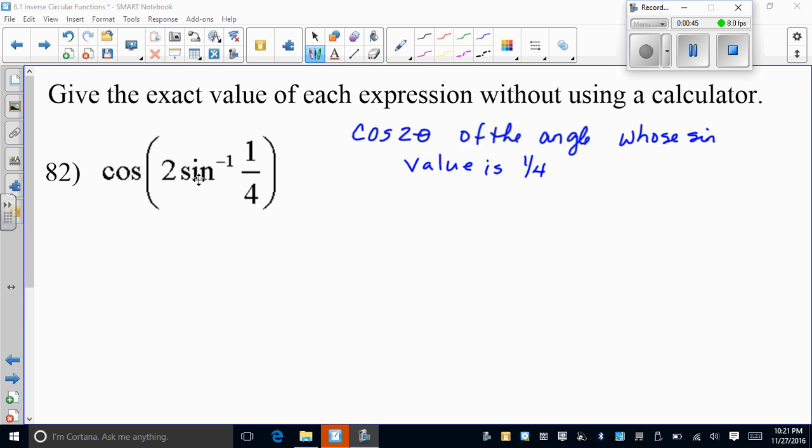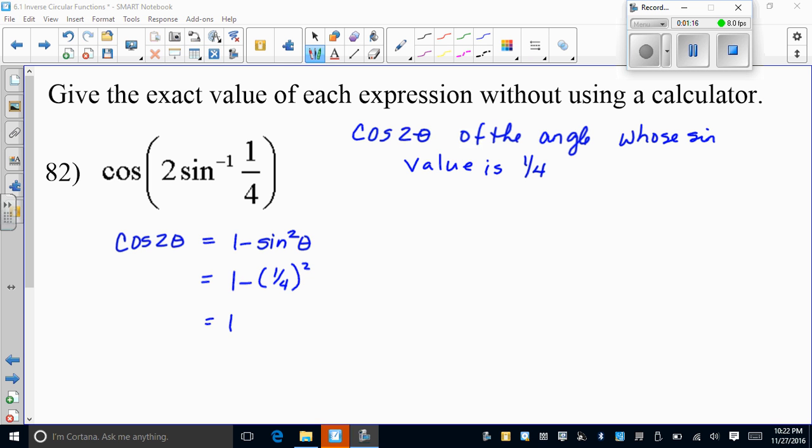So cosine of 2 theta, and since they only give us sine information, cosine of 2 theta is equal to 1 minus sine squared of theta. So we have 1 minus, they gave us a sine value, 1/4 squared, which gives us 1 minus 1/16.